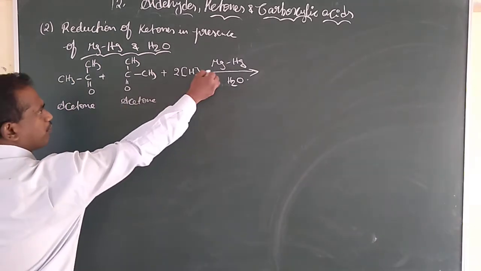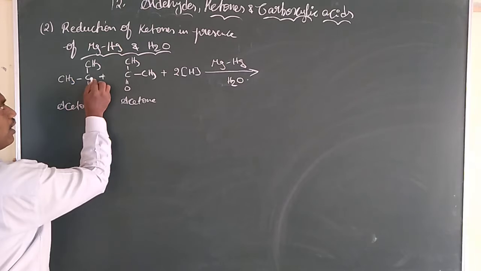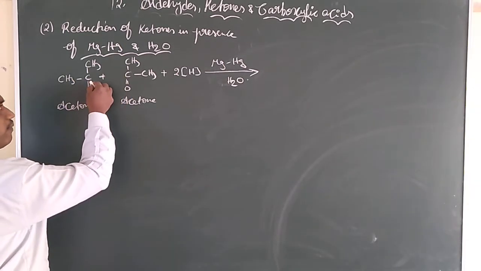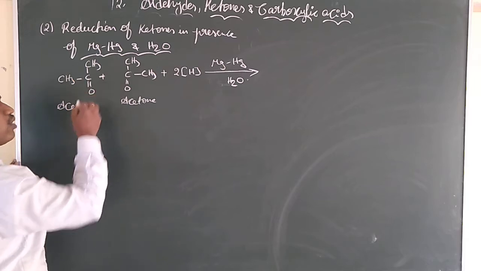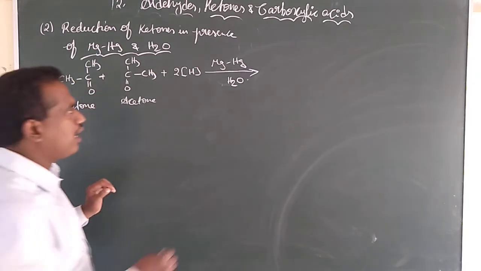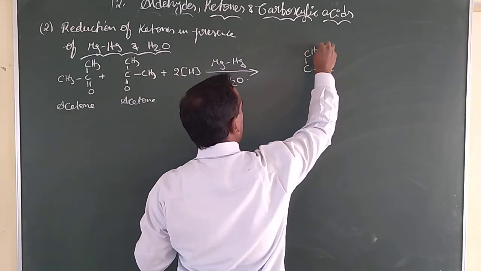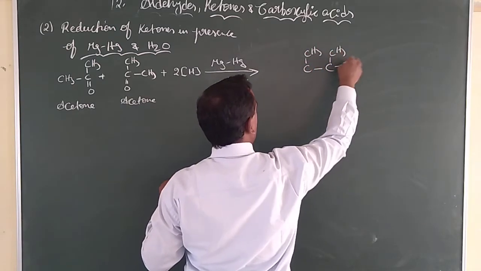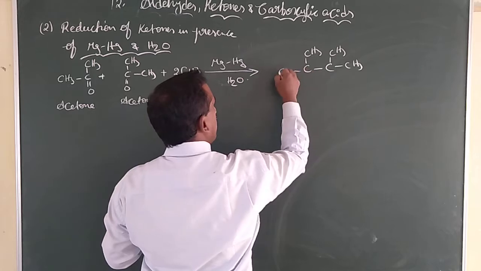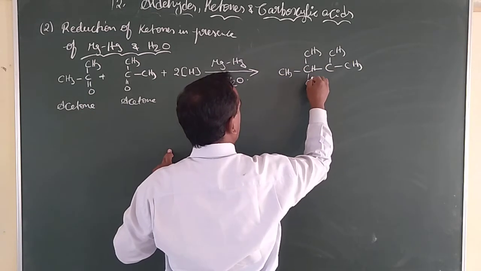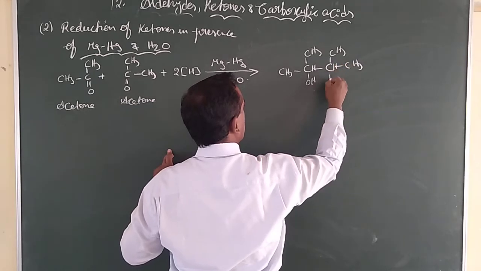When you are reducing in the presence of magnesium amalgam, there will be a new bond between carbon and carbon, and our ketone will be reduced to alcohol. A new bond between carbon and carbon, and the ketones are reduced to alcohols.